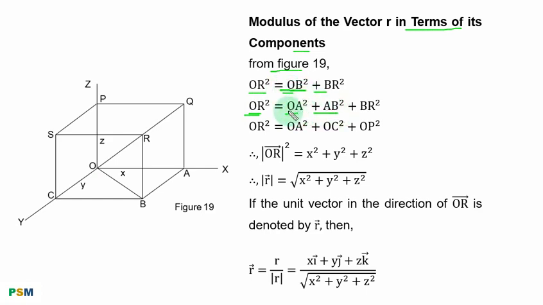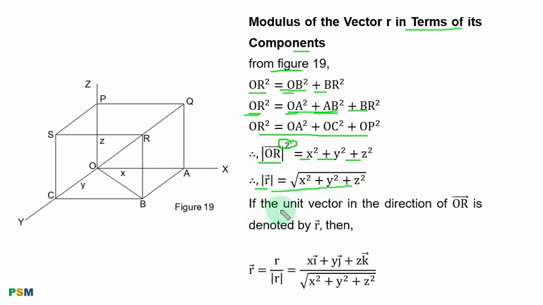This is equal to this, then plus BR squared, follows by these results. Now, the modulus of vector r squared is equal to x squared plus y squared plus z squared. And to get the modulus without the square, you simply take the square root of both sides.